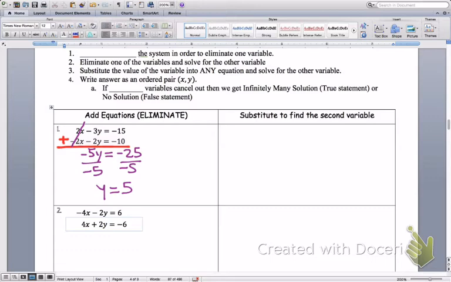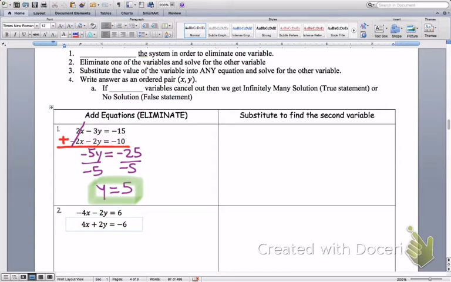Now that we have the y value, we're going to go ahead and solve for the x value because we need the ordered pair. So I'm going to go ahead and pick one of my equations. This is step 3, which is substitute the value of the variable, y equals 5, into any equation and solve for the other variable. So we need to solve for x.